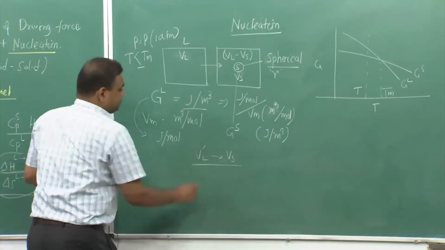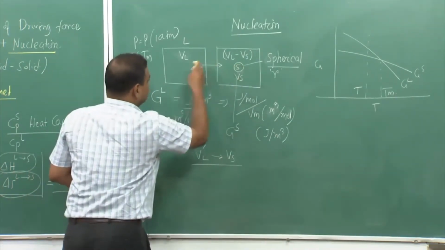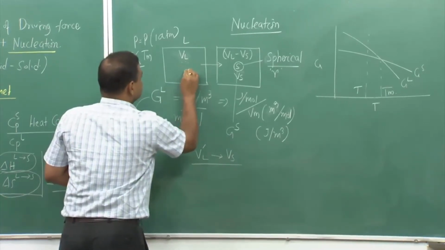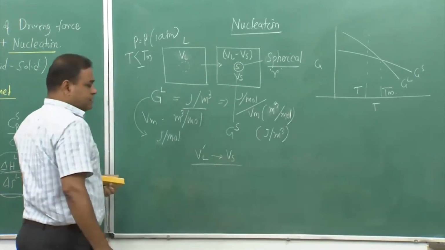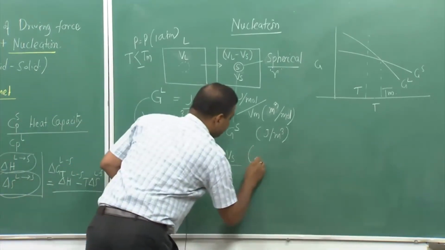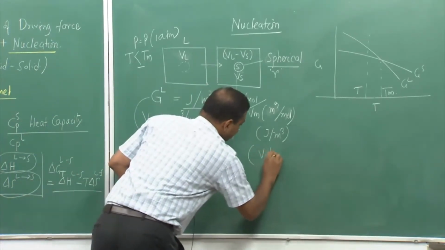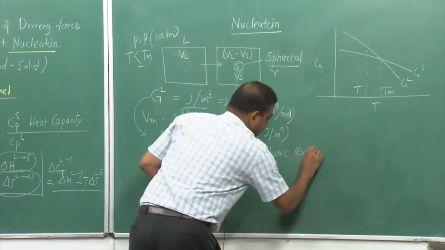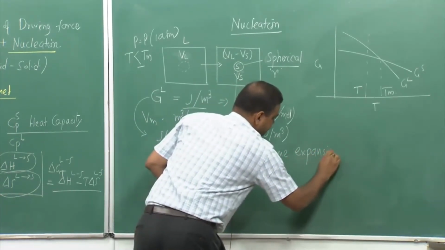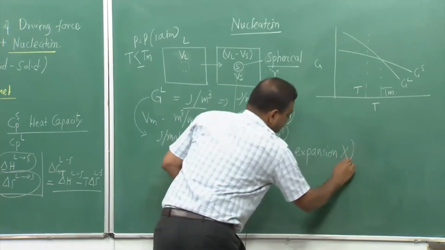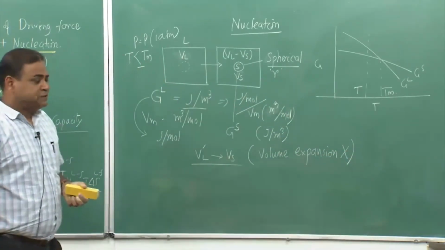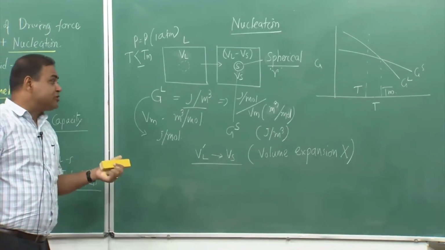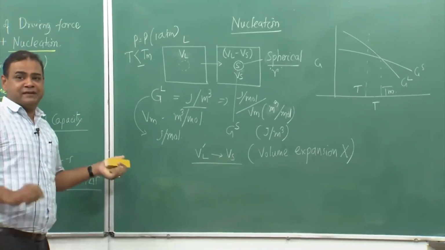Let us say this is V prime. So, this volume of liquid is converting to this volume of solid. That time I do not consider any volume expansion. It is nil. So, I do not have any volume expansion, and that also makes my treatment easy.